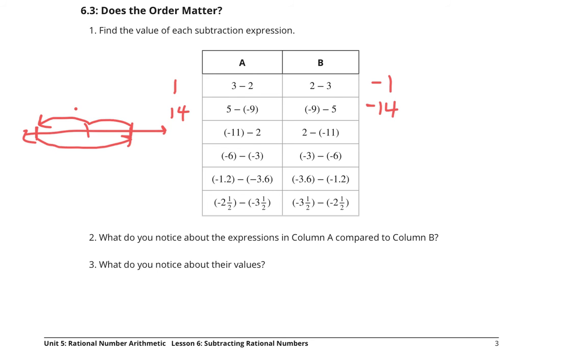But in that case, both would be negative, so it's a negative. So fill out this for me. How far between these numbers? And then, when you've calculated that, down at the bottom, what do you notice about the expressions in column A and column B? What do you notice about their values? How do they compare to each other? So answer those.